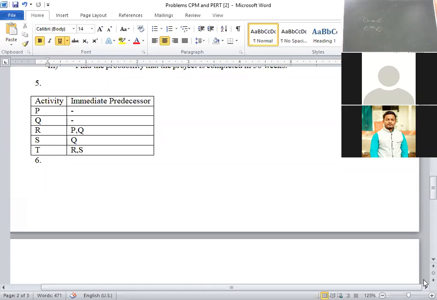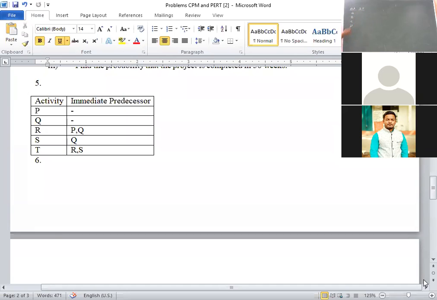Here, I will take one example, simple example for understanding of dummy activity. Here, activity, simply I am taking A, B, C, D. Immediate predecessor or preceding activity, one and the same.